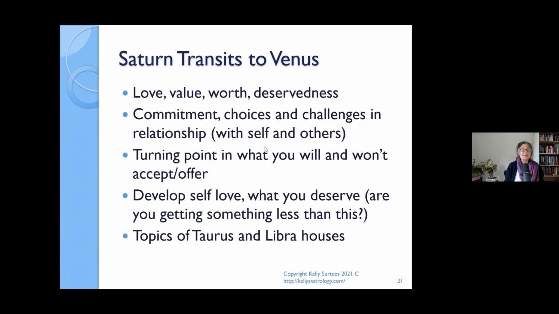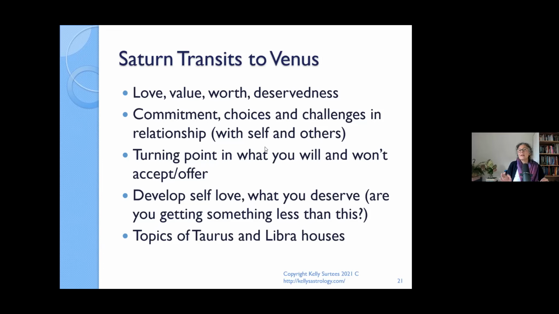Because one of the biggest things that I talk about with Saturn Venus transits to clients is this quality of deservedness. And what we mean by that is that sometimes we tolerate or put up with or accept situations, whether it's with a colleague, a friend, a family member, or a romantic partner, that we seem to be trying to make work that are really not good for us.